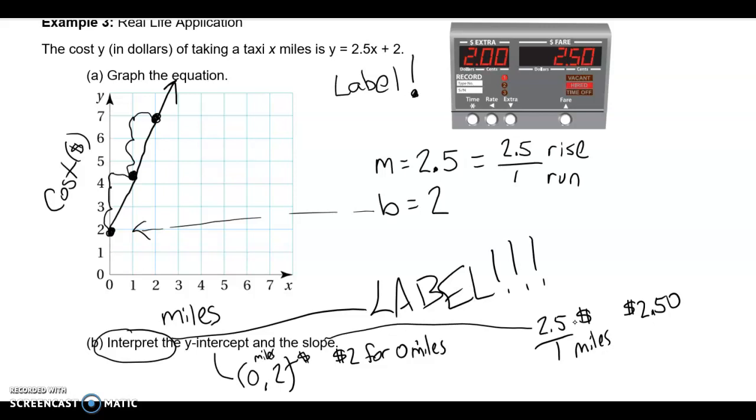So that means it's $2.50 for each mile, or for 1 mile if you want to say it that way. Okay, so interpreting: label, label, label, and then you can easily write your phrase if you just put all your labels on there. X comma Y is always what your ordered pairs are. Your slope is always Y over X, or delta Y over delta X, like we've done before.